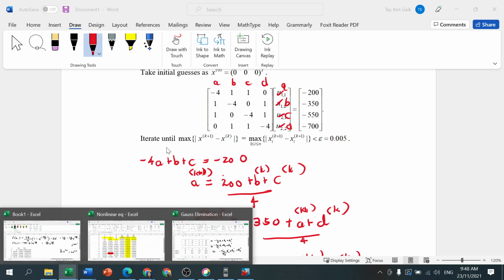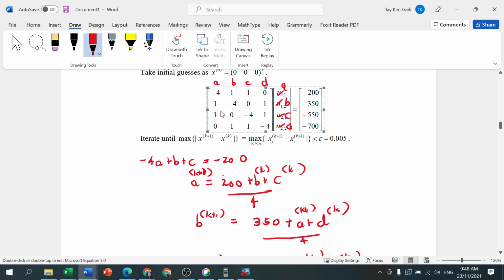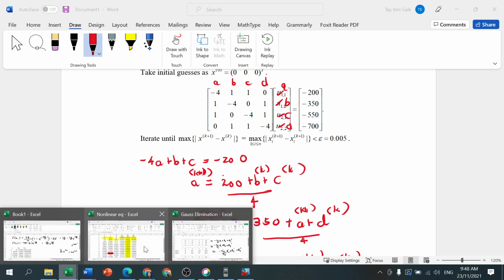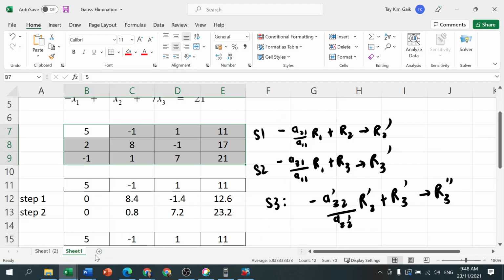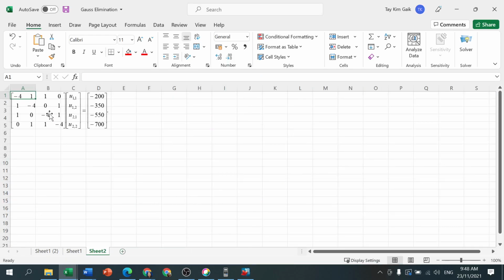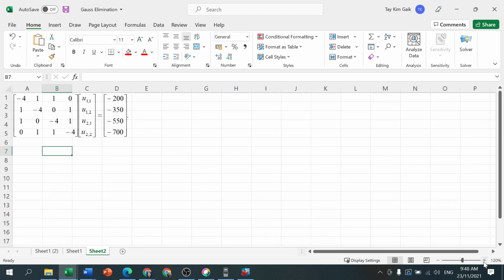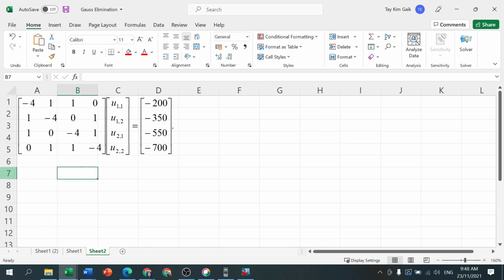So in Excel, I copied this one. I put the A, B, C here. This value negative 4. This is 1. This is 1, 0.